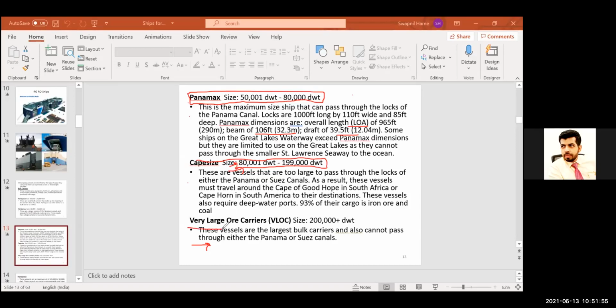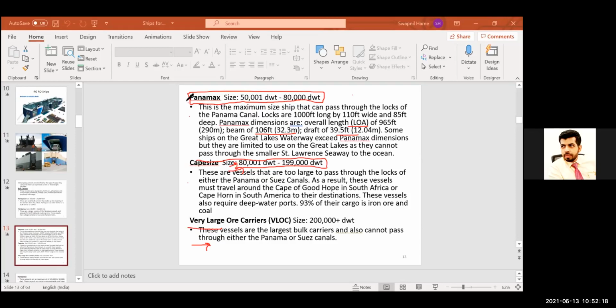So again, what we discussed, the bulk carrier categories are: first is handysize, the smaller one, then you have handymax, next you have Panamax, next Cape size, and last you have VLOC.